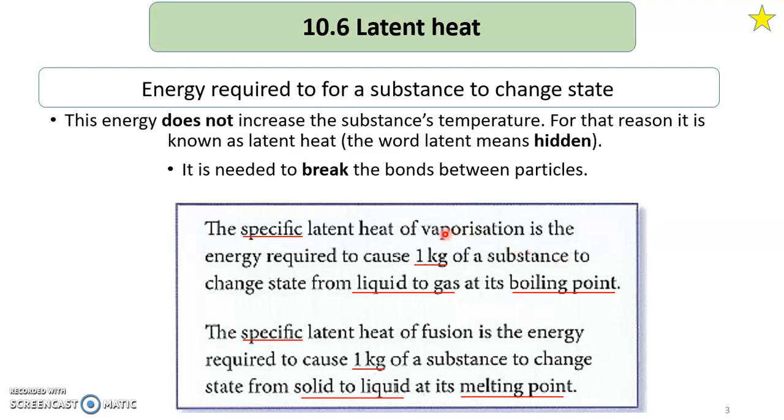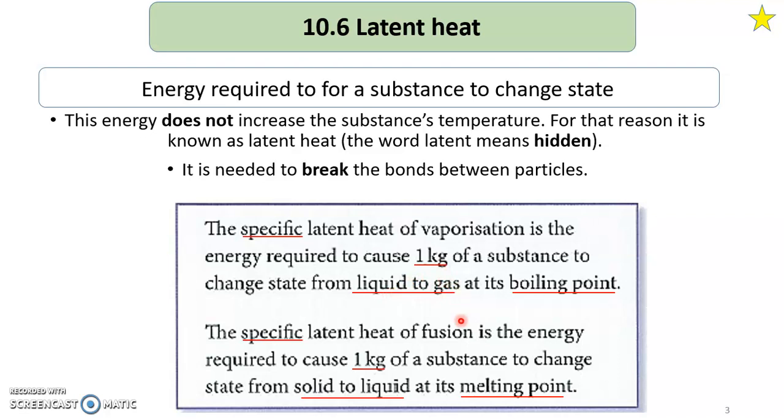So the students have to remember here, when you have the word specific, you must state 1 kg of substance. And when you have the word vaporization, it means liquid to gas.